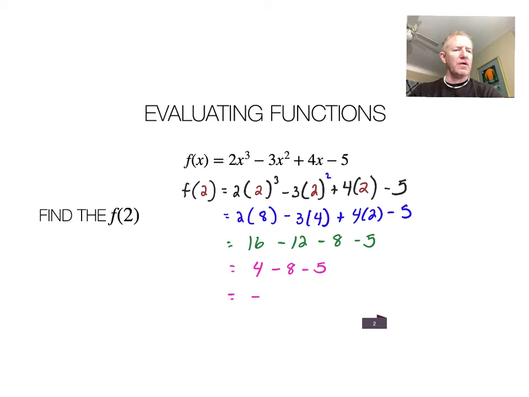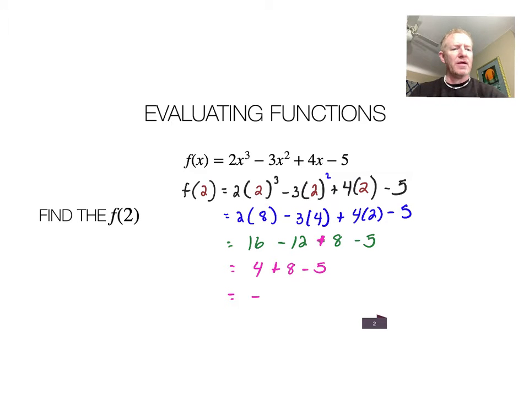Where did I go wrong here? Because that's not the answer I believe I'm supposed to get. I'm getting a negative 9, and I'm certain that's not the answer. Let me double check up here. It's 8, 3, 16, negative 12. Oops, that's a plus 8 right there. There we go. That'll help us out.